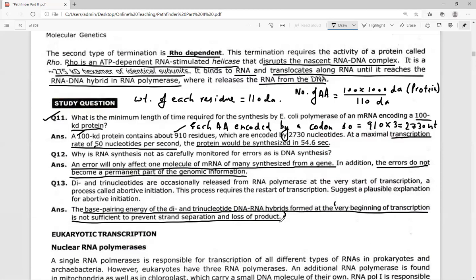Because the energy is very low, the process of transcription cannot proceed, and that is why abortive initiation is needed, so that effective binding of the RNA to the DNA takes place. Then only the process of transcription begins, and it should have higher accuracy.